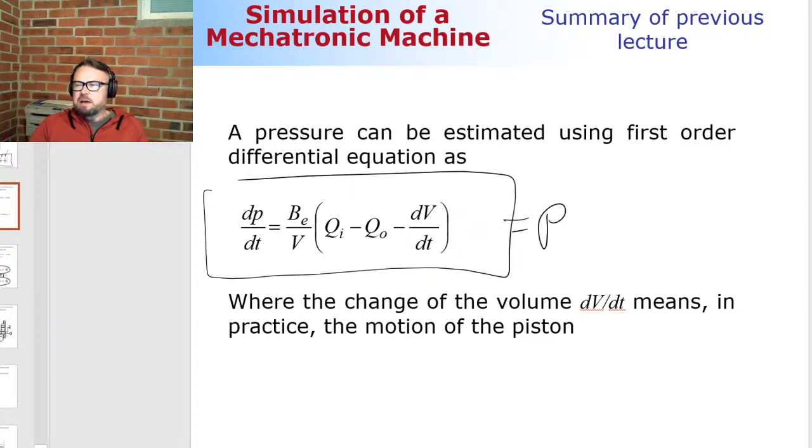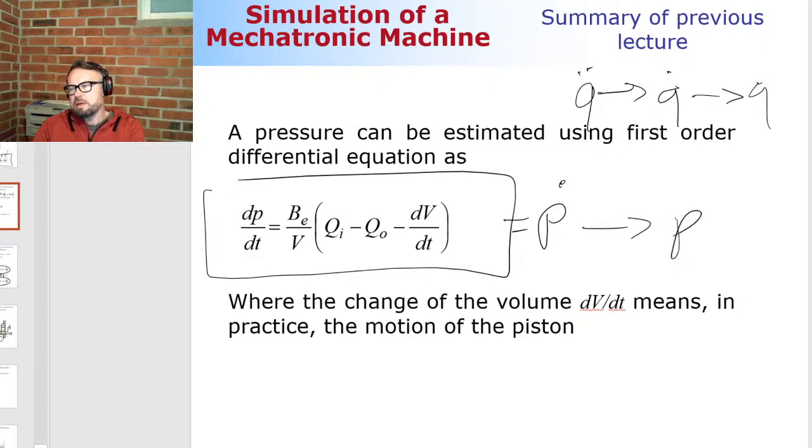So this is P dot. And like in mechanics, once we have Q double dot, we can get Q dot by means of integration, and Q by integration. In a similar way, from P dot we can get the P. P, in turn, is what we are after, because we would like to know how much pressure is applied in different parts of the hydraulic circuit, because eventually we would like to estimate the pressure in hydraulic actuators.